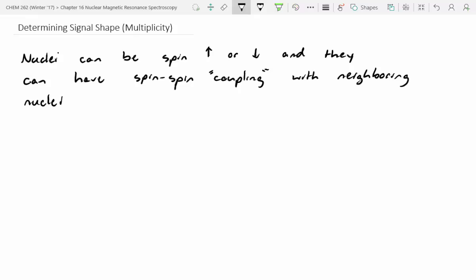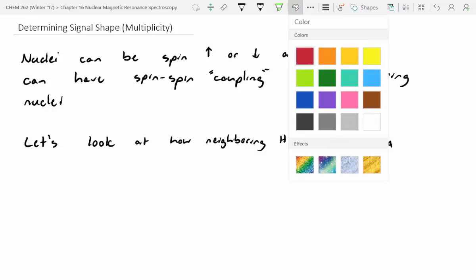And so I'll show you guys a simple way of understanding coupling. Let's take a look at a really simple example. So let's look at how HA affects HB. In fact, I'm going to color code this since I can.